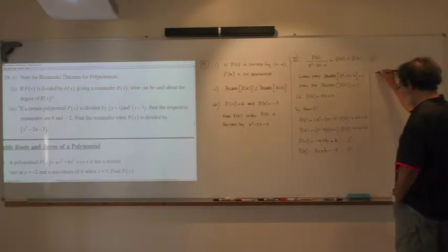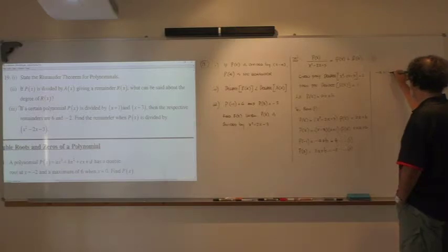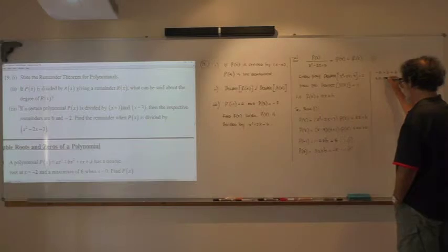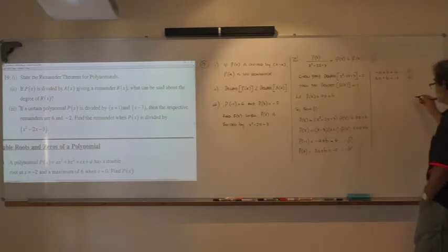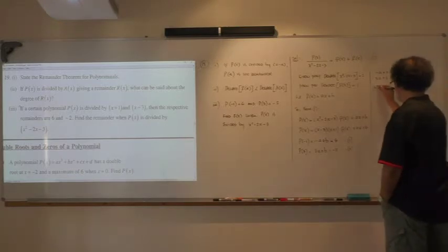So then we have negative a plus b is equal to 6, equation 1, and then we have 3a plus b is equal to negative 2, equation 2. And then we're going to take away: equation 2 minus equation 1.